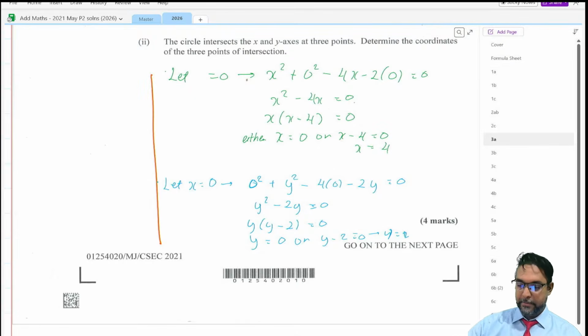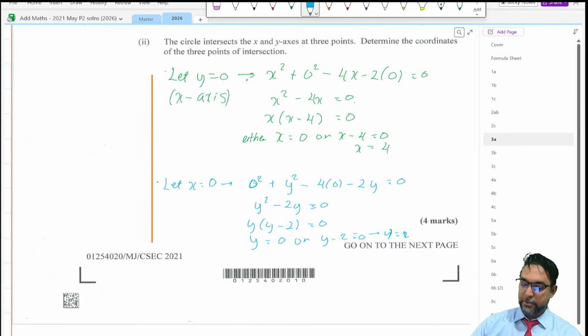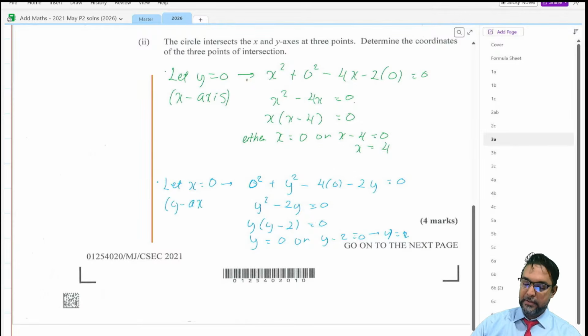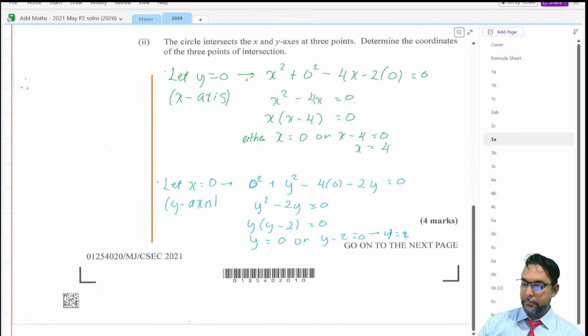So I'll just make my list. When you let y equal to 0, you're finding where it cuts the x-axis. And when you let x equal to 0, you're finding for the y-axis. Right, okay, so therefore 4, 0 is where it cuts the x-axis.